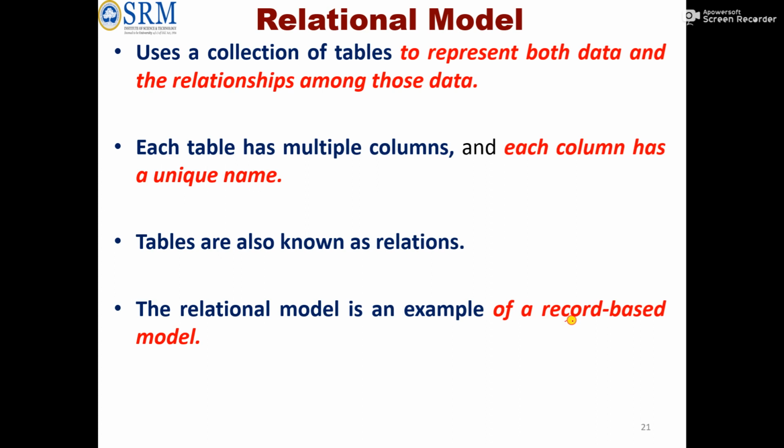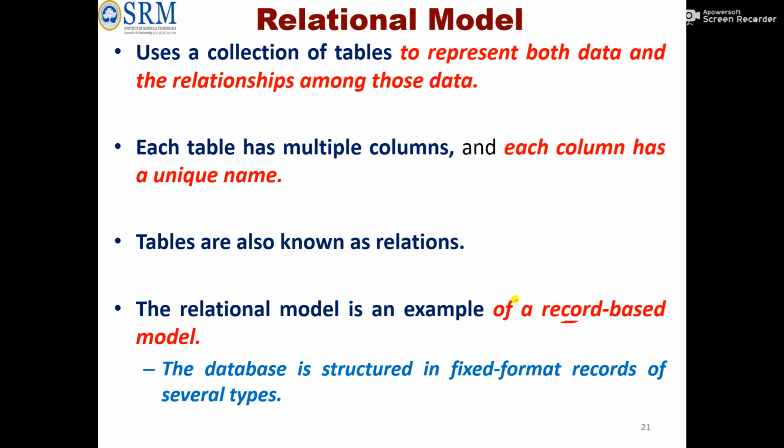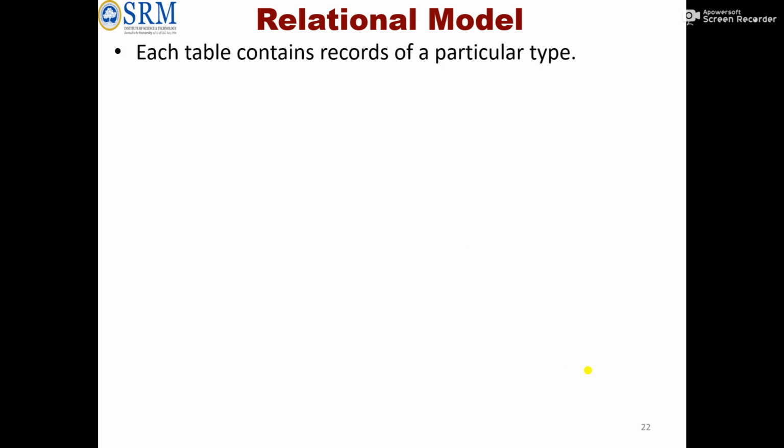So this is based on the record model. Why is this based on the record model? What is the reason behind that? Because it is a fixed format. It is a simpler structure. We represent this relational model as a record-based model because the record-based model is a fixed model. It is easy to structure.